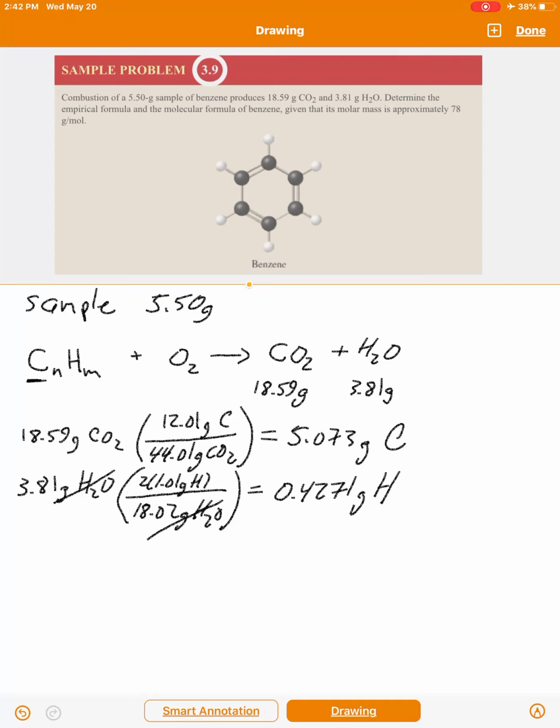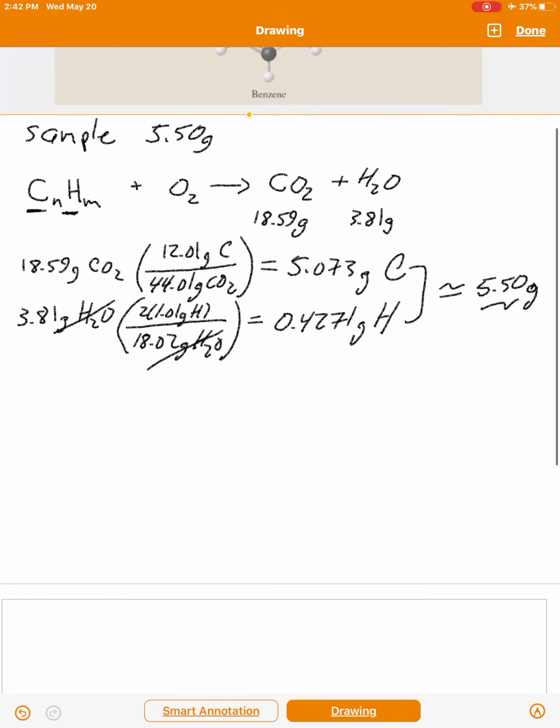So what we now know is that in that compound that reacted, the benzene, the mass of hydrogen in that benzene sample was 0.4271. Now you can actually check that because they tell us in the problem that the mass of the benzene was 5.50 grams. If you add these two masses together, you're going to get about 5.50 grams. Okay? Works out nicely.